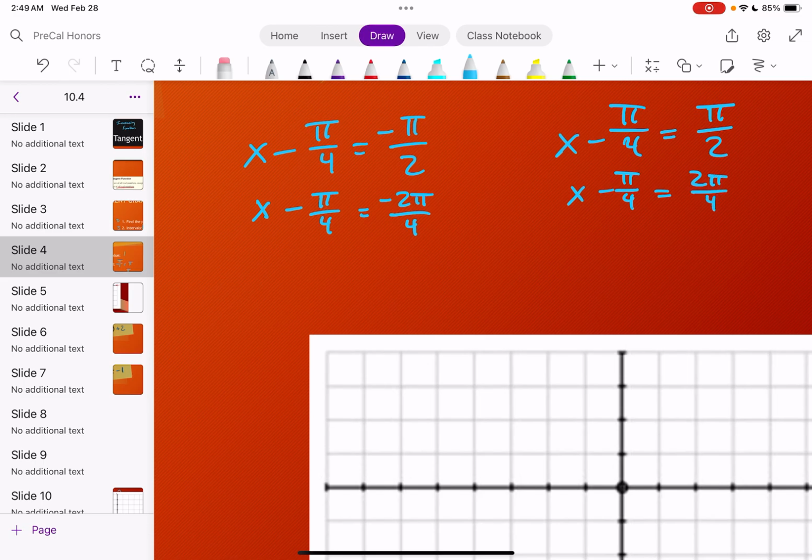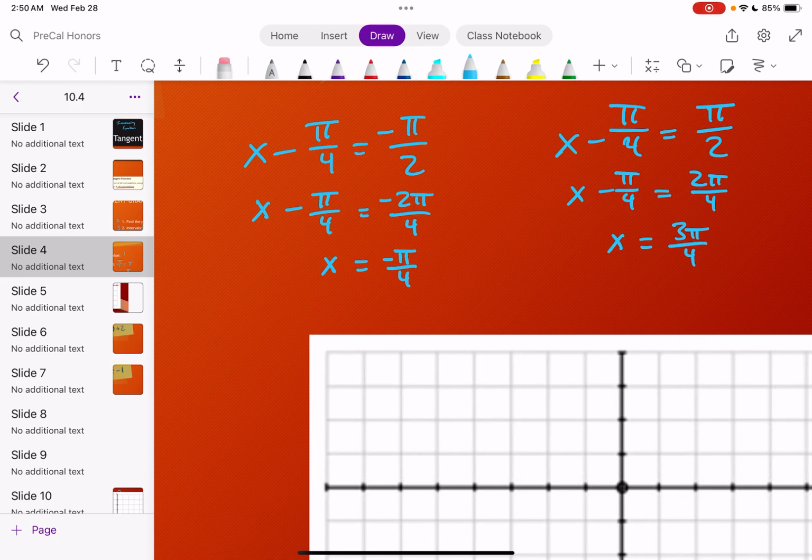We're going to move over that minus pi over 4 to the right-hand side, so we're going to add that to both sides. We're going to end up with x is equal to negative pi over 4. And on the right side, we're going to end up with x is equal to 3 pi over 4.